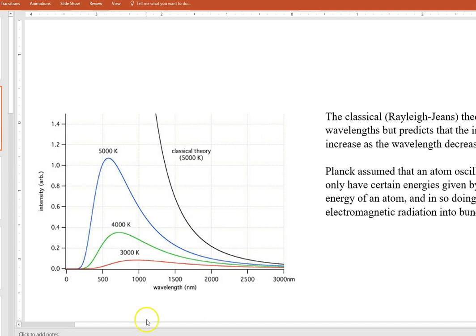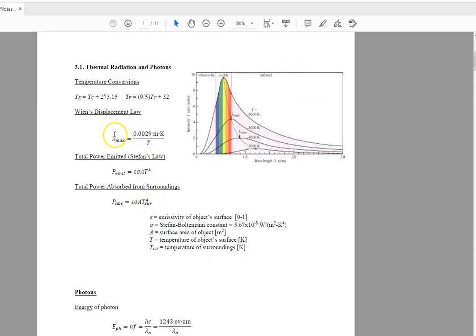So people were able to measure these spectra as a function of temperature, and by playing around with these observations, they were able to write down some empirical relations. In fact, if you look at the peak wavelengths of the emissions, you can relate the peak wavelength and the surface temperature. And if I go back to the summary notes, that's what you see right here.